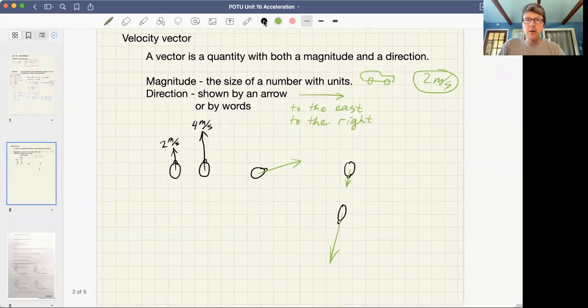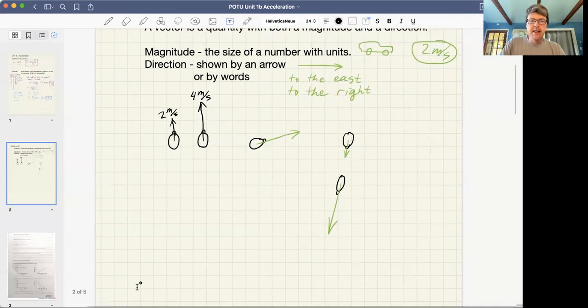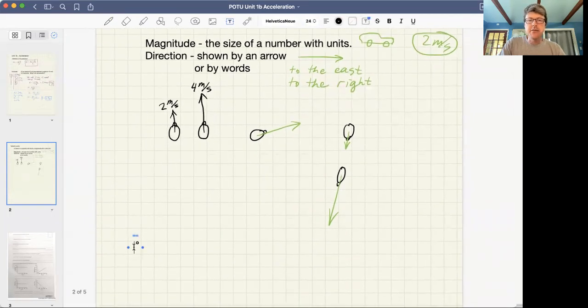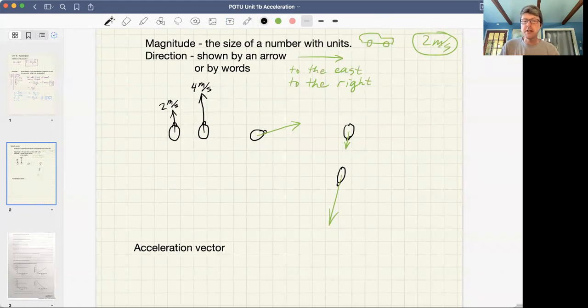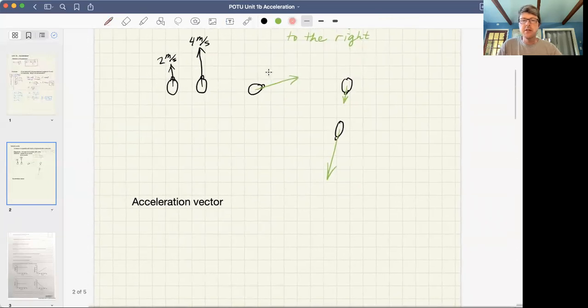Okay, and now we're going to talk about the acceleration vector. The acceleration vector doesn't always point in the direction the object is going, so this one's a little more complicated. The acceleration vector points in the direction that the speed is changing.